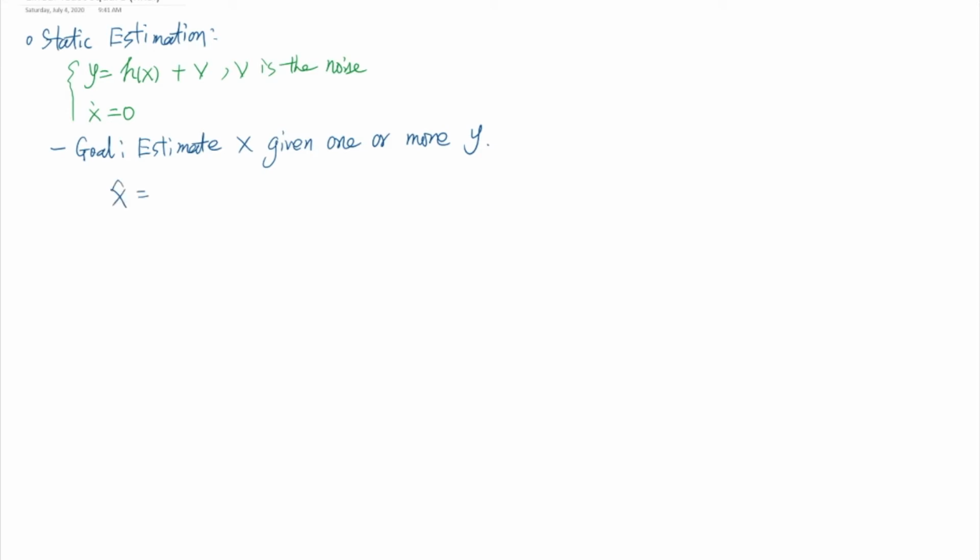That means mathematically we want to find a function g of y which gives the estimate of x, or we find x hat equal to g of y tilde, in which y tilde is a group of all the measurements from y1 to yn. The goal is usually achieved by solving a goal equation or an objective equation.